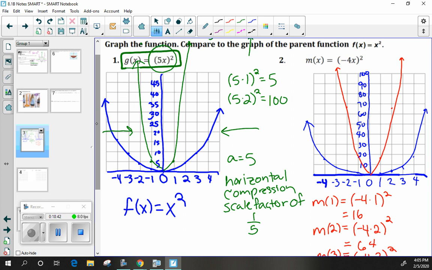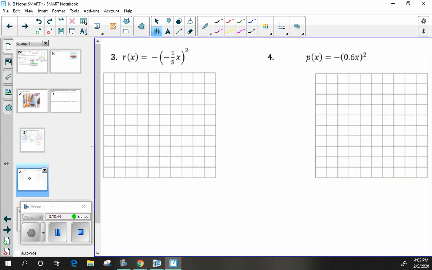Let's move on to number 3. So now we have a negative inside and a negative outside. What that is going to do is, you guessed it, this graph is going to open down.